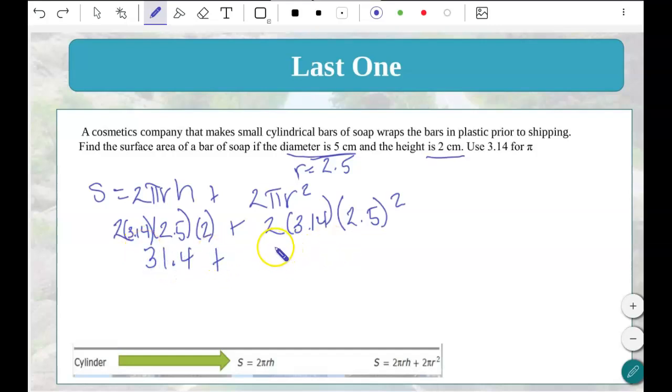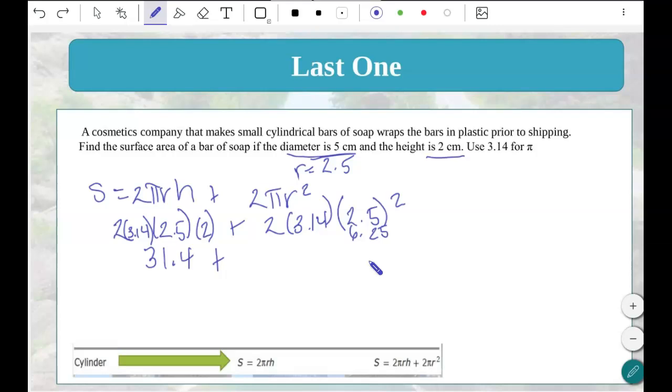Over here, let's go ahead and find out what 2.5 squared is first. It's 6.25. So I'm going to squeeze that under here so we see it. And now go ahead and multiply. Use your calculator. 2 times 3.14 times 6.25.